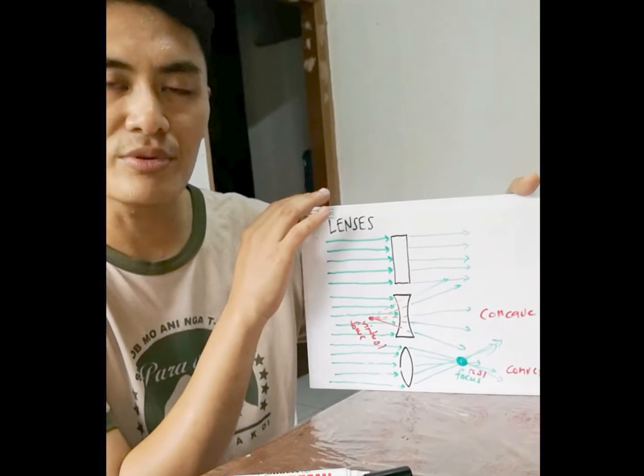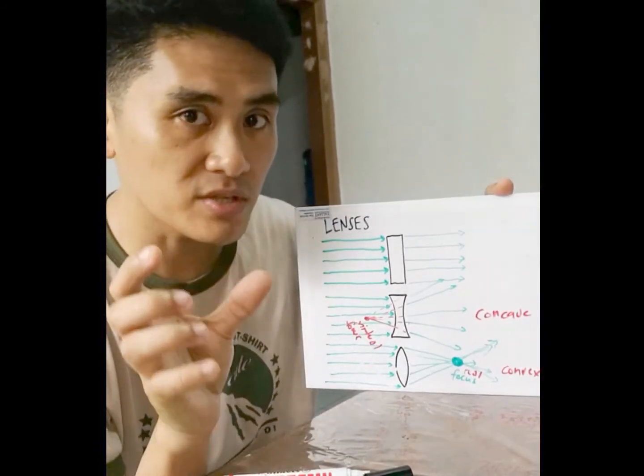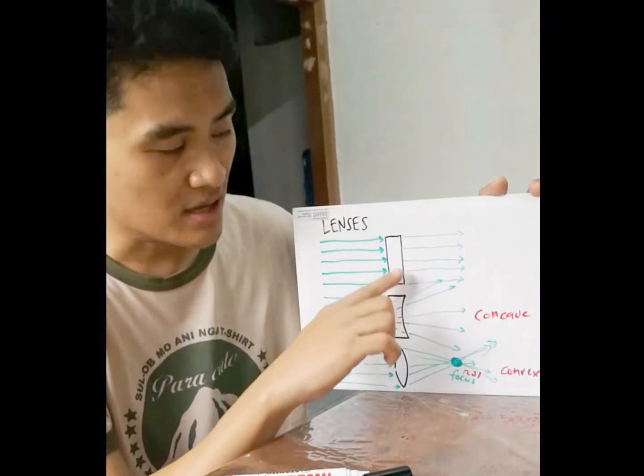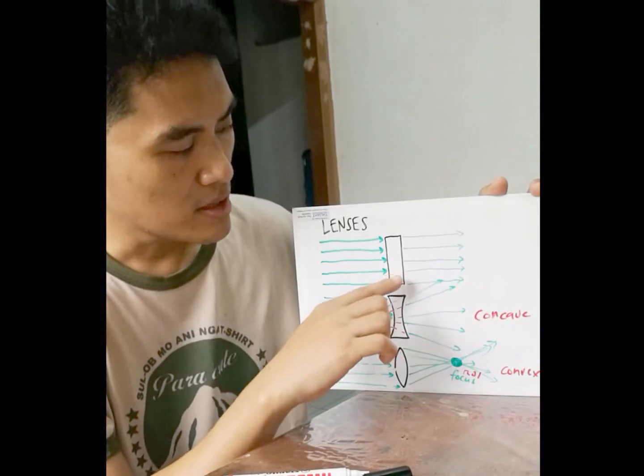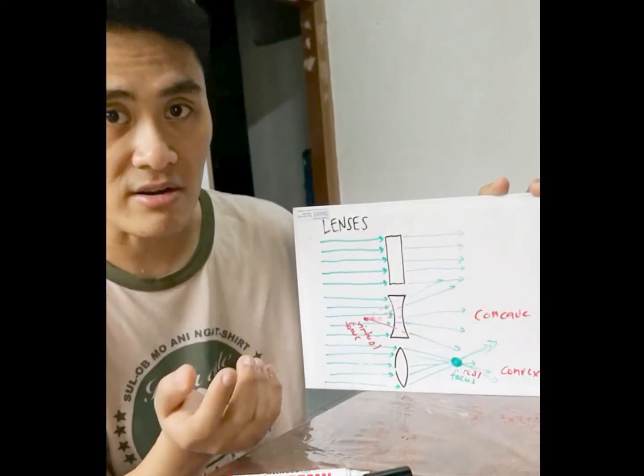So lenses are pretty much just transparent objects that are shaped in a curved way. So if you don't shape that object, the parallel light rays will just pass through and they come out as parallel rays.